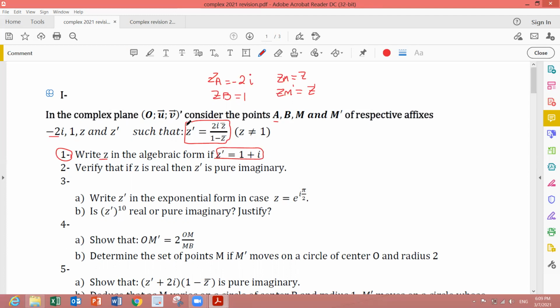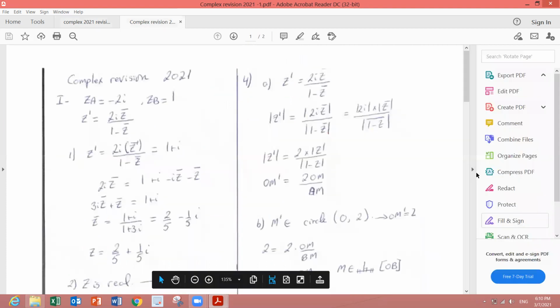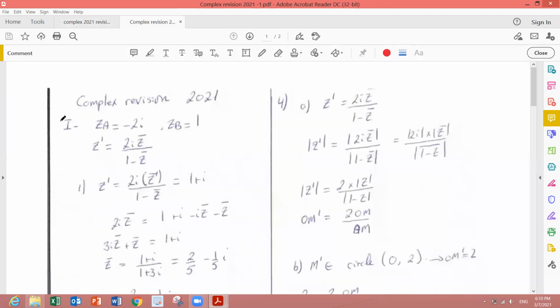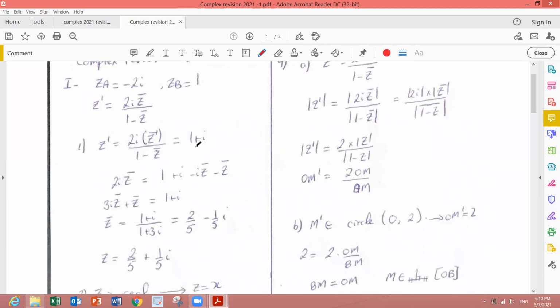So we put 1 plus i instead of Z prime: 1 plus i equals 2i Z bar over 1 minus Z bar. And I solve for Z bar.